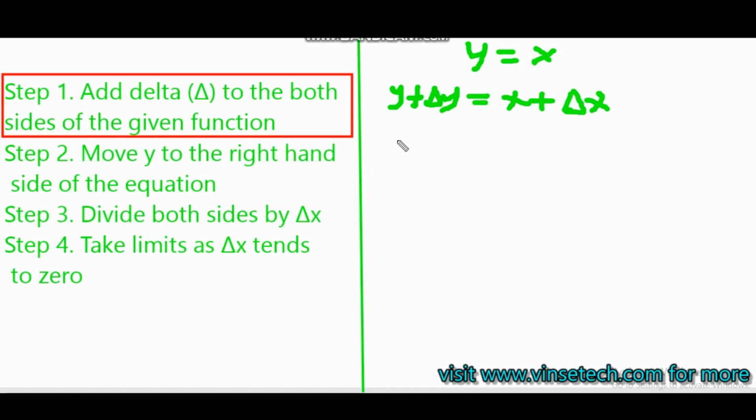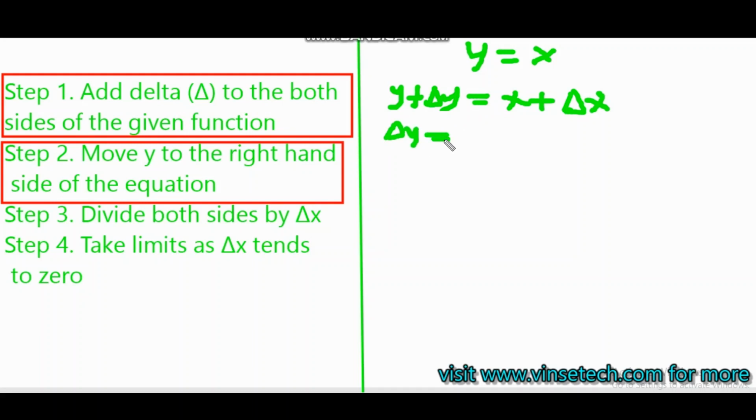So the next step here is you move y to the right hand side of the equation. Moving y to the right hand side of the equation, we now have change in y is equal to x plus change in x.